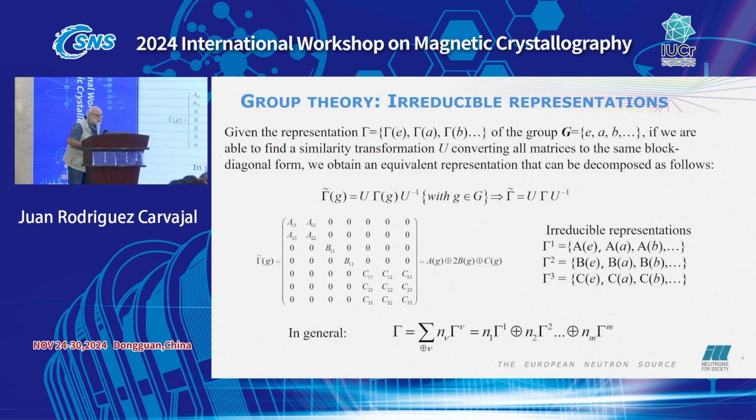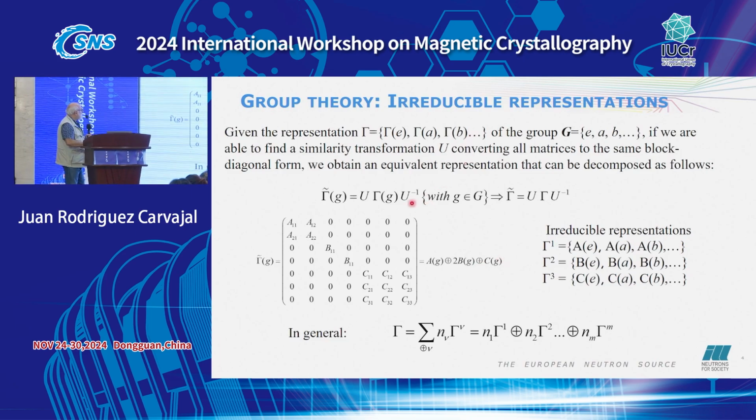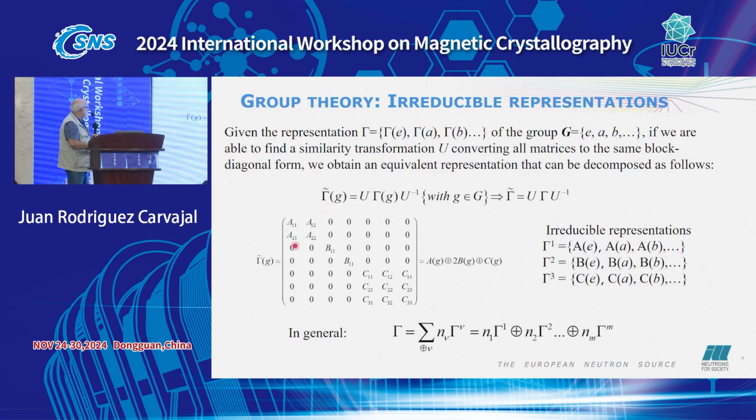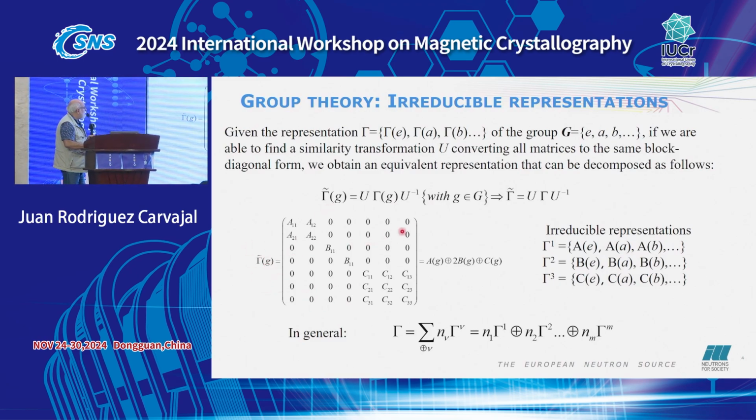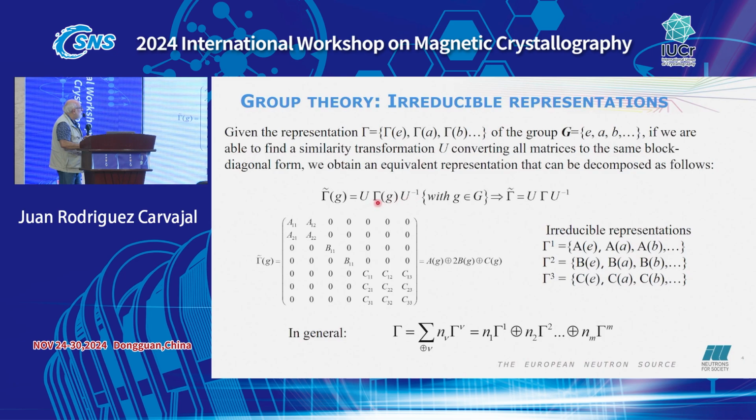I prefer to use my mouse because it's better. Then this matrix, for example, corresponds to a particular element, and after applying some kind of unitary matrix for similarity transformation, you can reduce this arbitrary matrix to block form, diagonal block form.